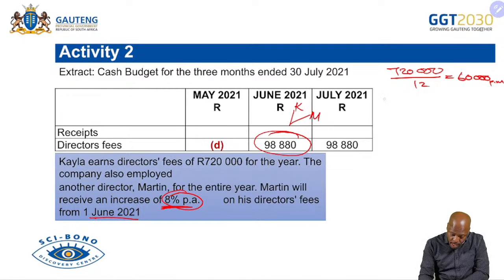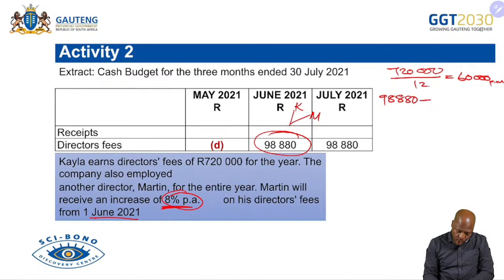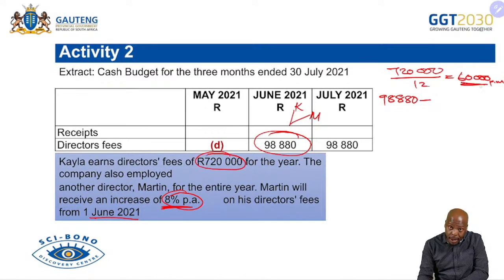That means if I take my 98,880, I subtract the director's fees for the guy that I know already, who is Kayla, who is getting 60,000 per month. 98,880, subtract the 60,000 per month, it will tell me how much Martin is getting per month in June.